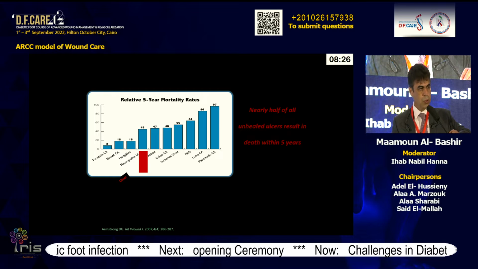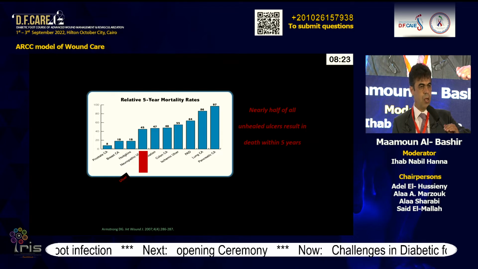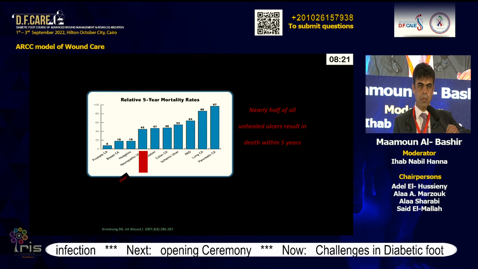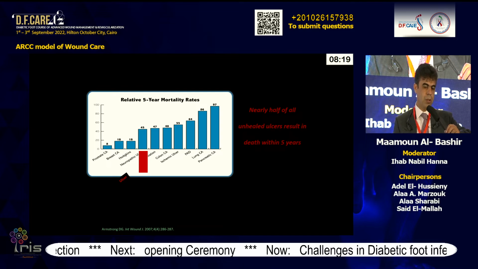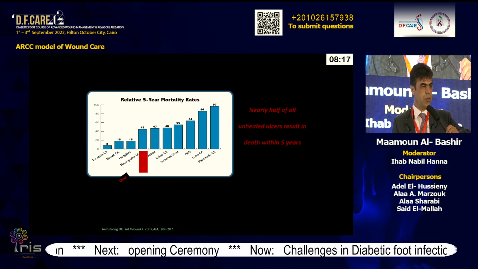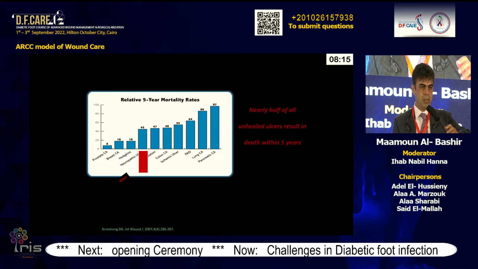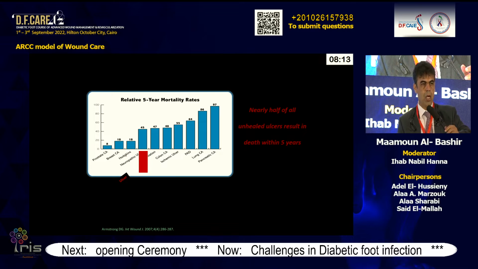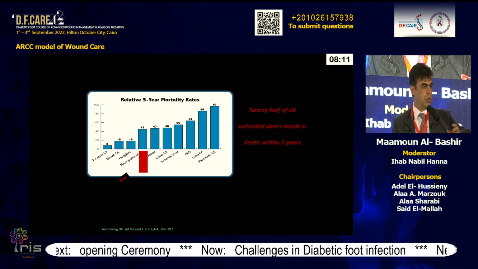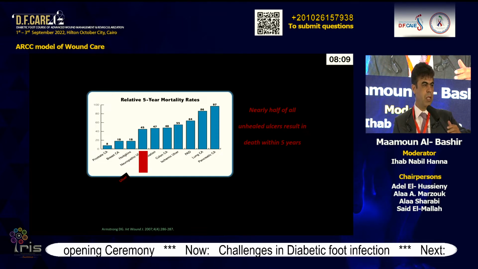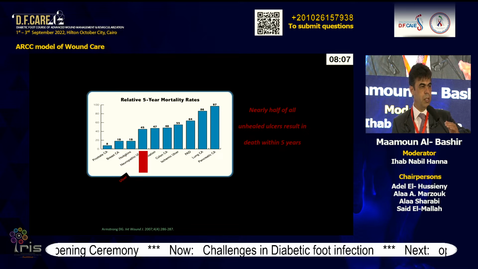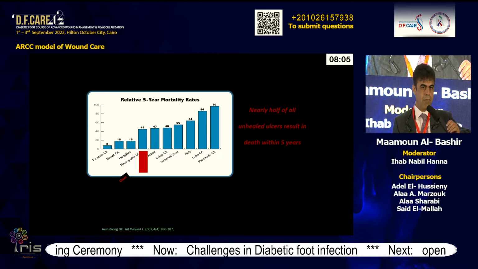We know also that having a wound problem or a diabetic foot problem is an ominous sign, because the mortality and the morbidity associated with it is immense. It's much worse than having colon CA or many of the cancers. It's quite ominous to have this complication.